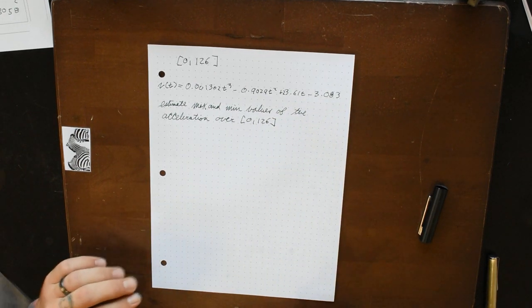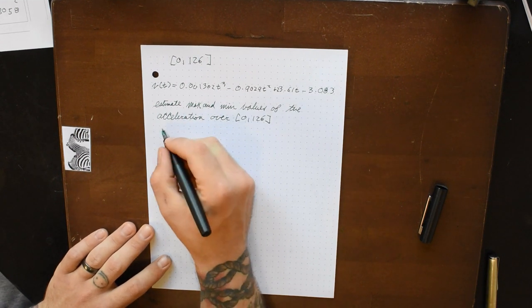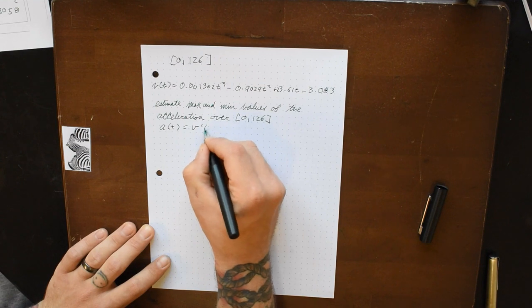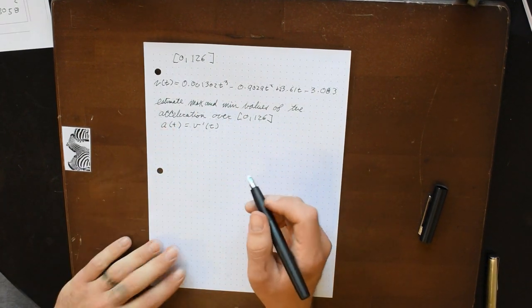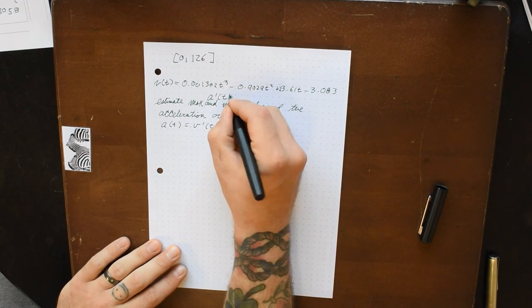Perfect. So we're trying to find these maximum and minimum values of the acceleration. Acceleration, as a function of time, is equal to the derivative of velocity. And if we want the maximum and minimum values of acceleration, that means we're going to do most of our work with the derivative of a.